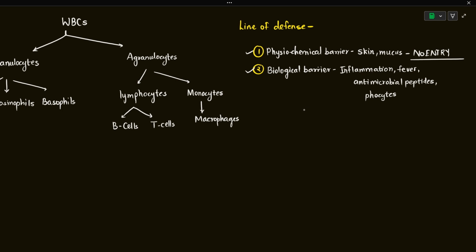So first of all, whenever infection is there, the first response that our body is going to give will be inflammation. So the body has failed to defend itself against the entry of the pathogen. Now the pathogen has entered, so due to the entry of the pathogen, the body is going to show the inflammatory response.